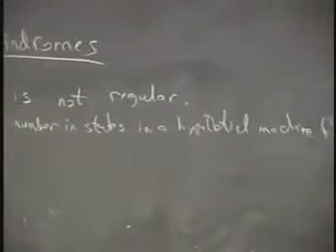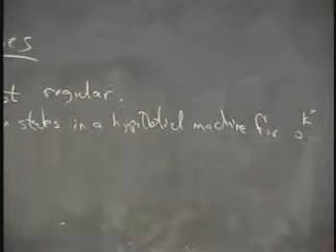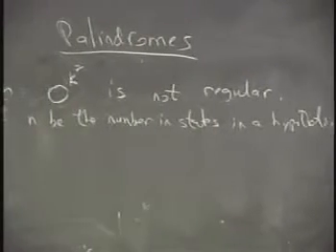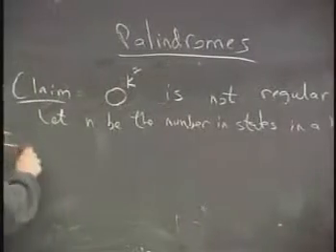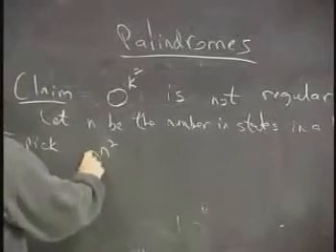Now what do we write down? Right, we pick a string. Well, in this case, we're going to be just fine picking a very simple string. We're going to pick 0 to the n squared.